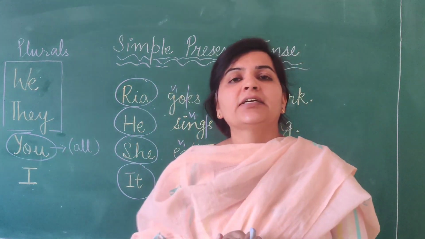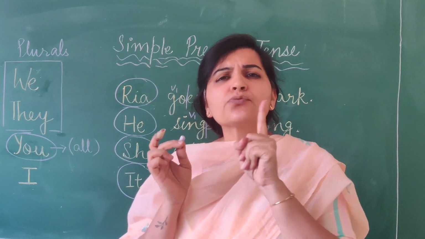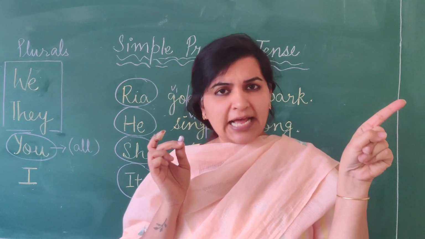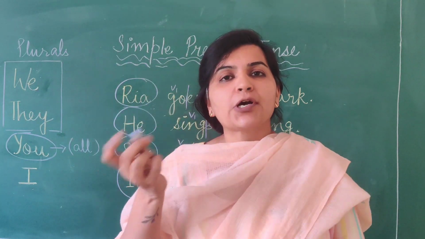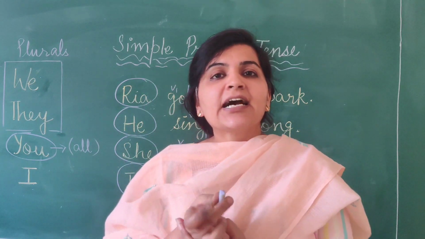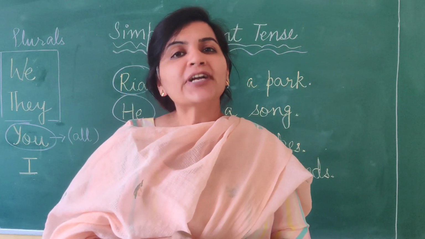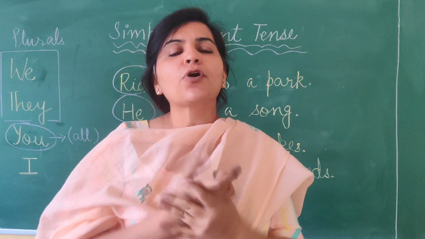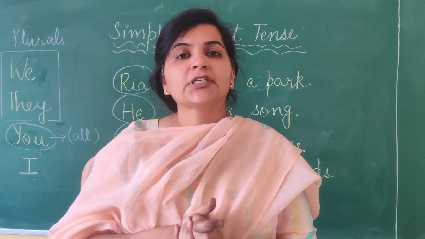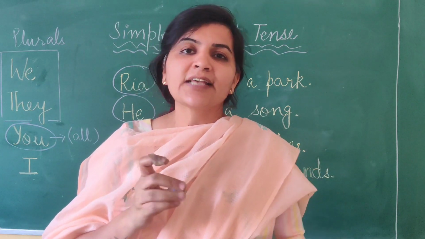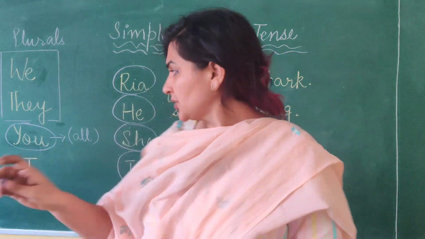So if I say you, if I point someone, just one person, I say you, go wash your hands, then it is one person. What if there are a lot of children and you are about to have your lunch break, I'll say, come on, you go and wash your hands. So this is for all of you. So you is used as singular and plural both.